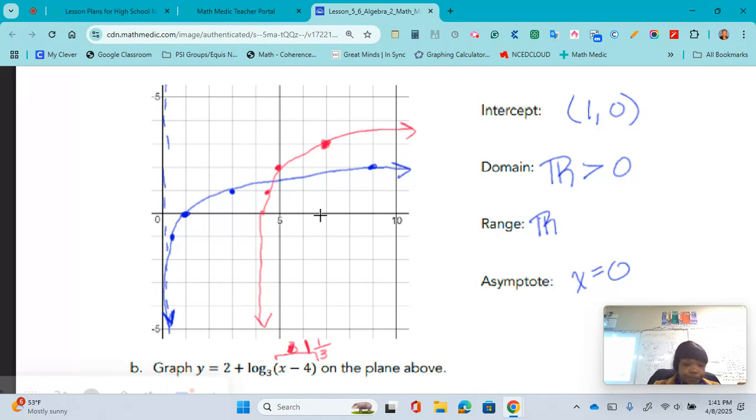So we had an asymptote here when our x equals 0. Now, our asymptote is here at x equals 4.